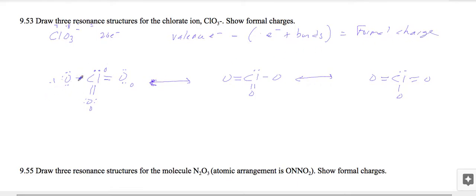So here I have 6 valence electrons for oxygen, and I have 1, 2, 3, 4, 5, 6 electrons. There's my 6, and then minus the bond as well. So if we do this here, we get a -1 formal charge on that oxygen. All right.